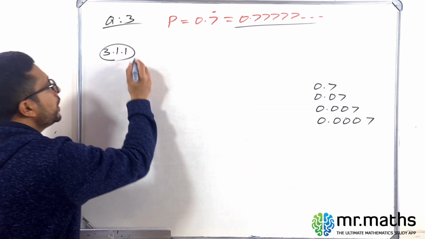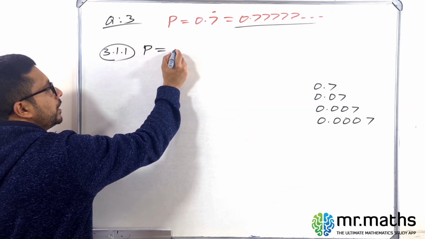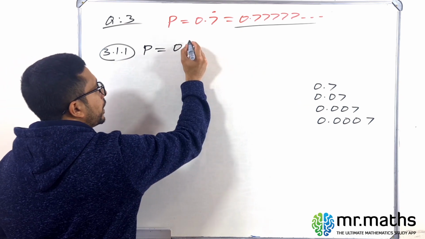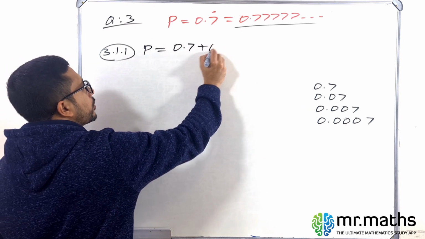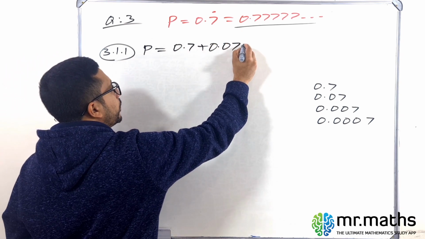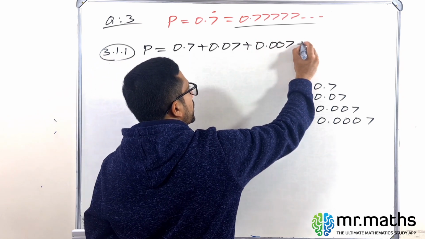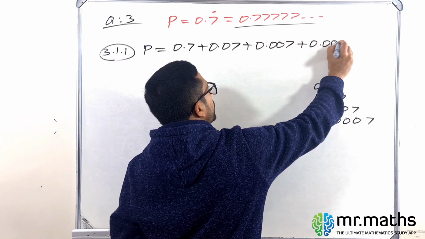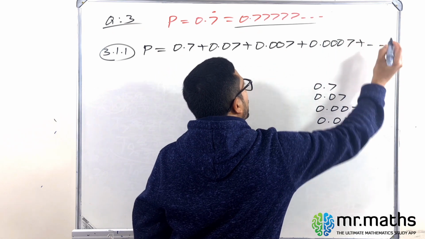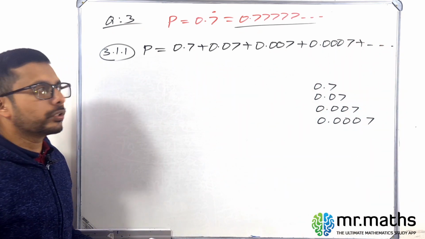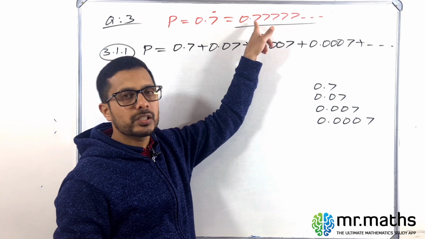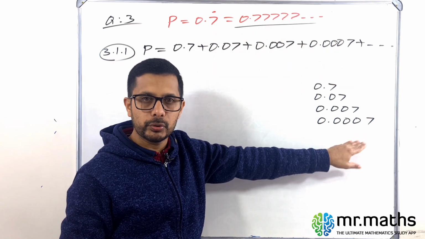So that P, I can write like this as a series: 0.7 plus 0.07 plus 0.007 plus 0.0007 plus etc. If I add all of these, I am getting 0.777 like what I showed you here.